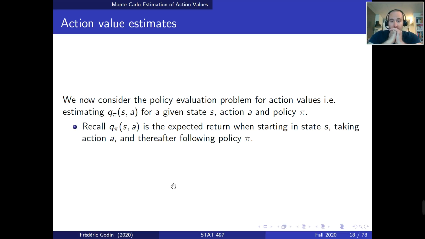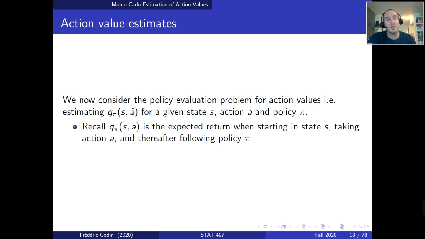So as we said, we're going to consider the problem of estimating this action value function with Monte-Carlo algorithms. We're going to use similar ideas to what we did in the earlier part of the chapter.